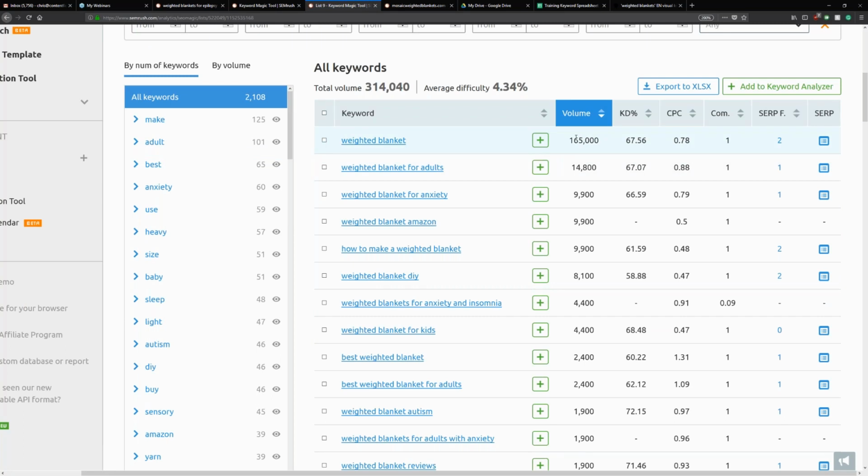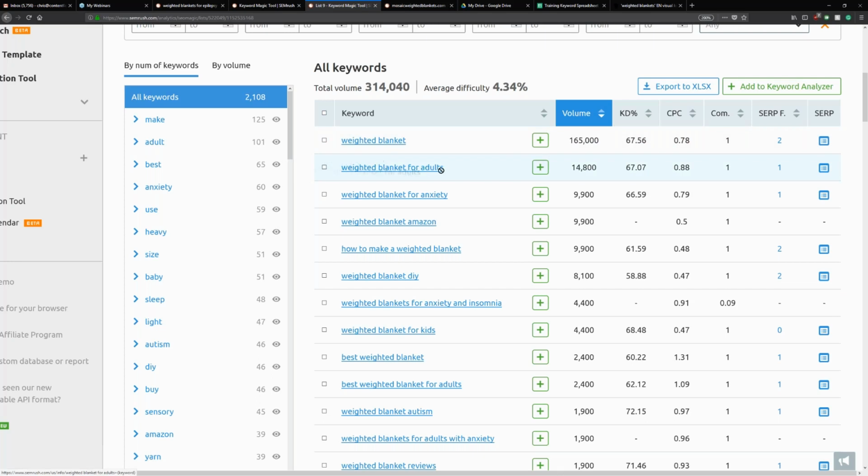I believe I mentioned this before, but when you see a super high volume like 165,000, that might be a sign that it's not the best keyword to go after, because it likely means that's not a very specific search term. So we want to get a little bit more specific.